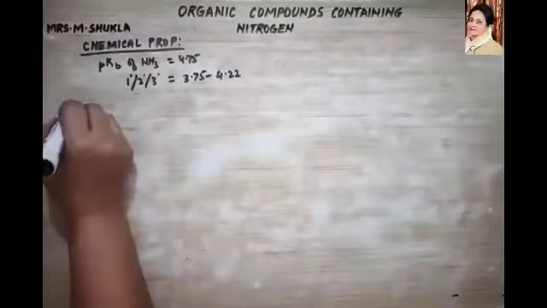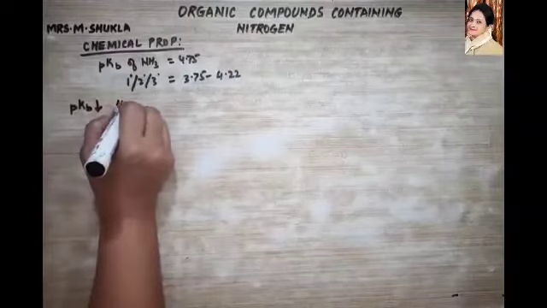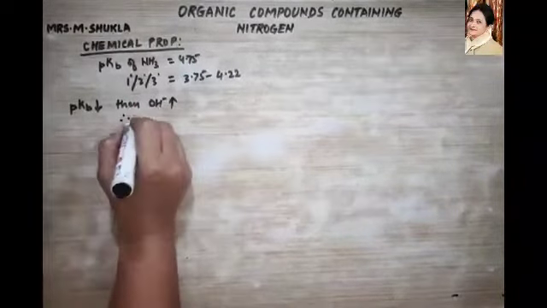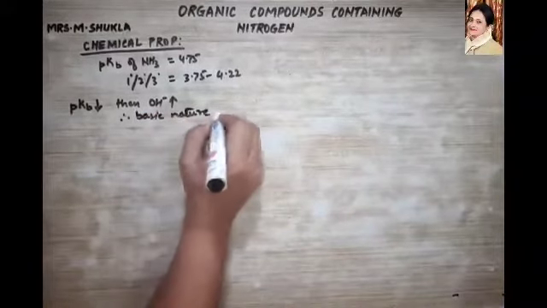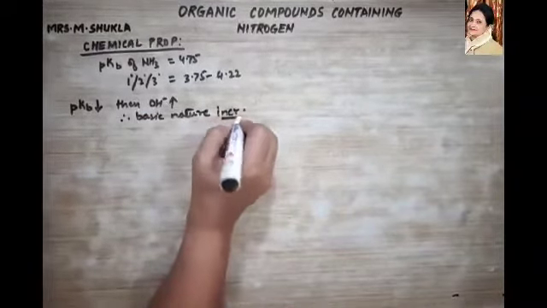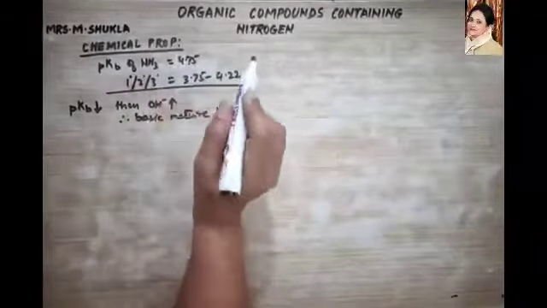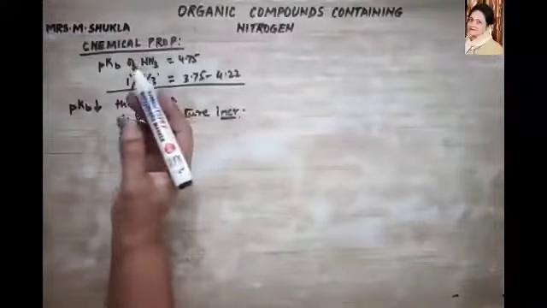So what did we learn just now? That if the pKb value is low, then the OH value is high, therefore basic nature will also increase. So over here the basic nature of amines will be more than ammonia. Hence amines are more basic in nature than ammonia.